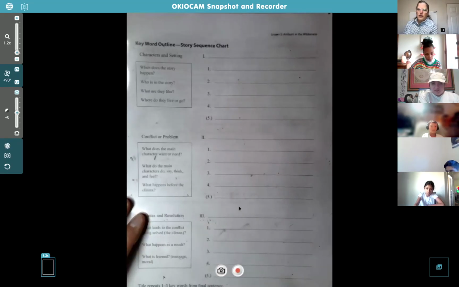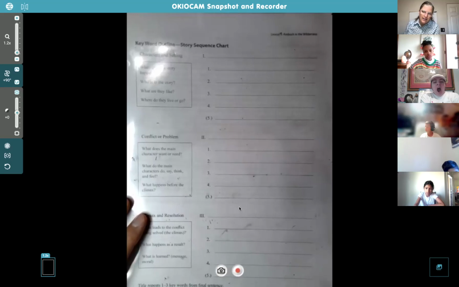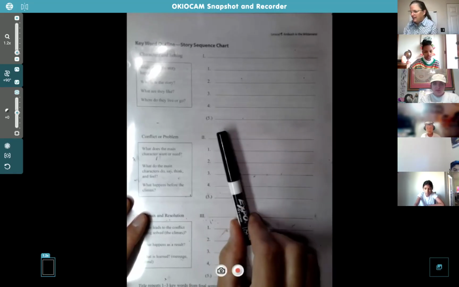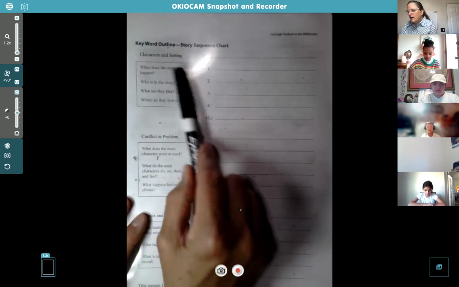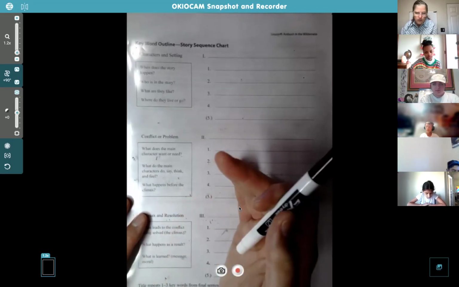All right, this is page 45. And here we've got the story sequence chart. It's nice. They have it all set up for you. You don't even have to write it out. Remember how we used to draw a line down and draw across and make the boxes? Ta-da! Here it is. So in the side here, this is what we need to look for in this story that we just read.